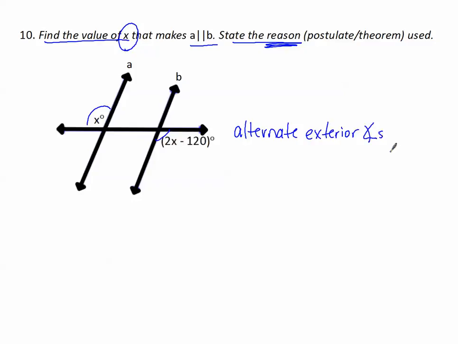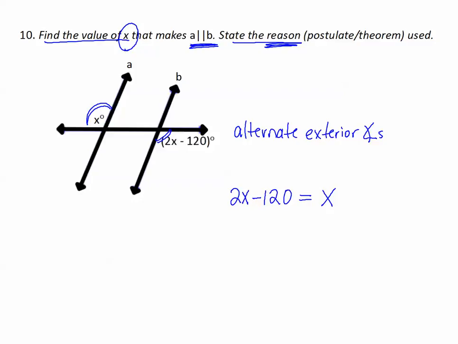The alternate exterior angles theorem tells us that when the lines are parallel, these angles have to be what? That's right, congruent. Well, they didn't tell me the lines are parallel. I'm making the lines parallel. So I have to make these congruent. What does congruent mean? The same. So 2x minus 120 must equal x. And we can solve from there.